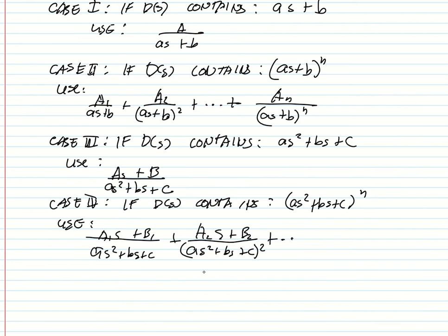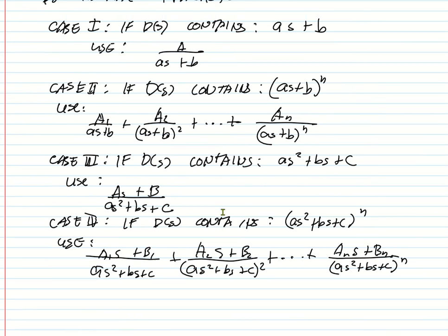Then dot dot dot until n, an s plus bn all over a s squared plus bs plus c raised to n. So these are the four cases.